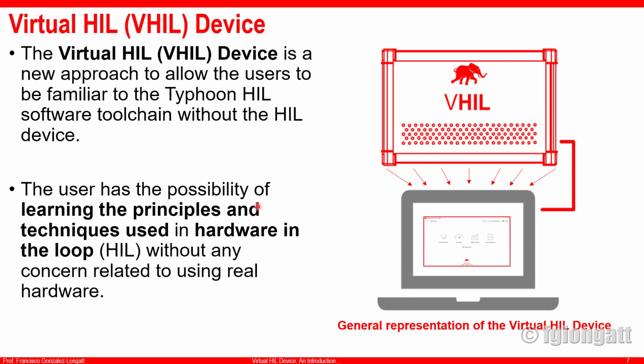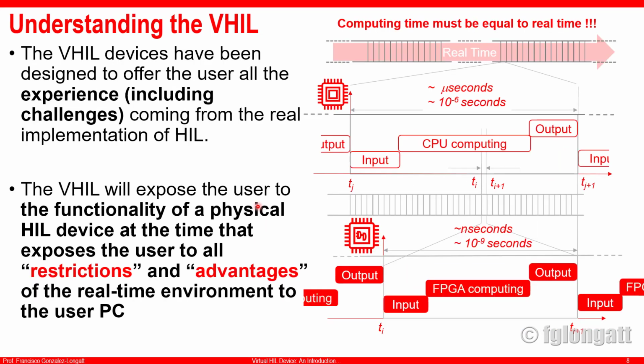Probably you are wondering, okay, why is using virtual important to understand hardware in the loop? Well, one of the things I need you to understand is that using Virtual HIL devices, you have the opportunity of learning and experiencing all the factors related to the real implementation of a hardware in the loop.